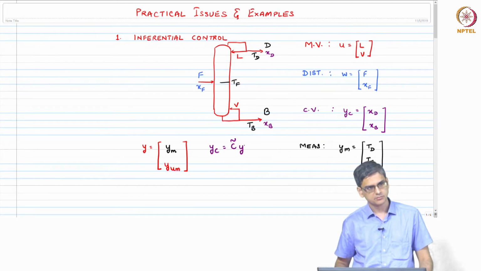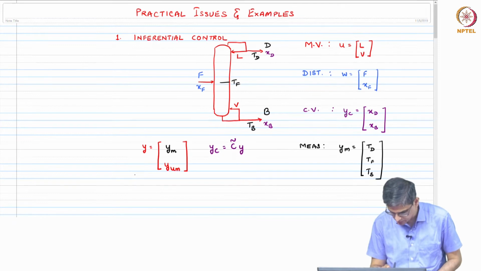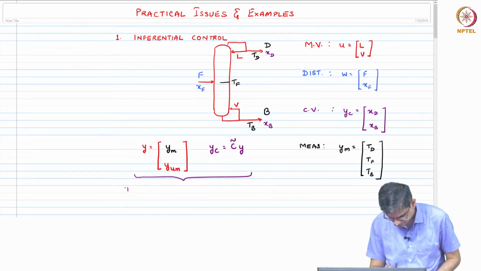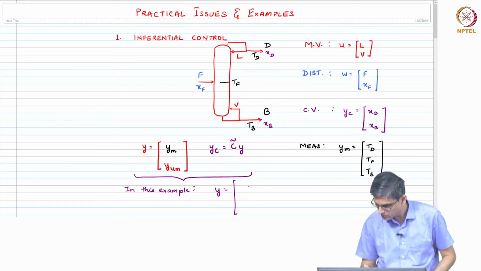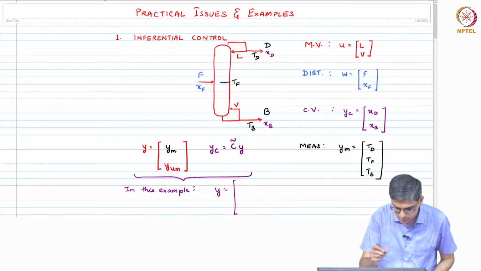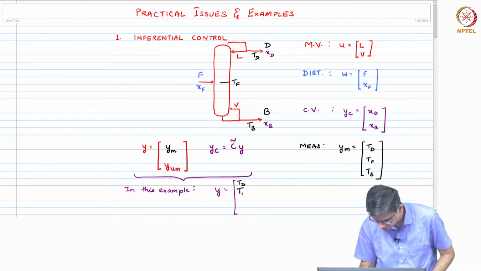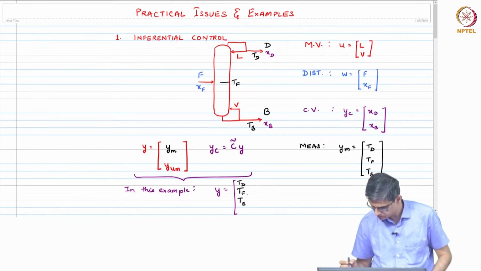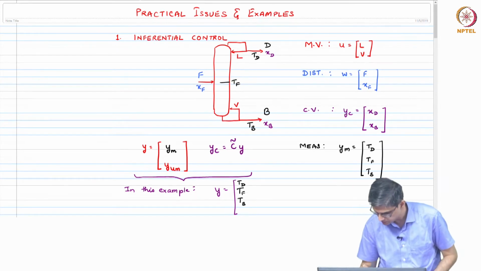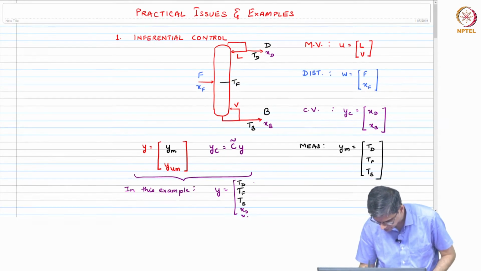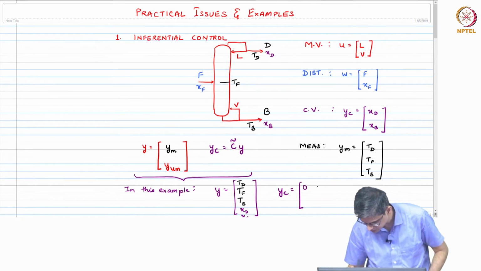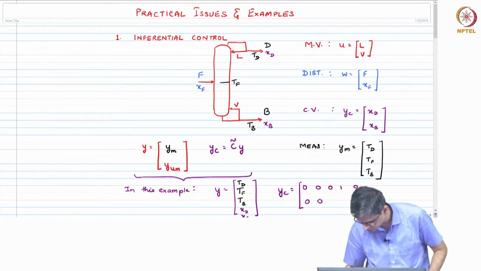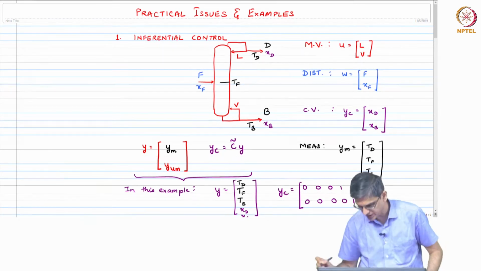In this example, y is nothing but TD, TF, TB, XD, XB, and Yc is nothing but 0 0 0 1 0, 0 0 0 0 1 times y.